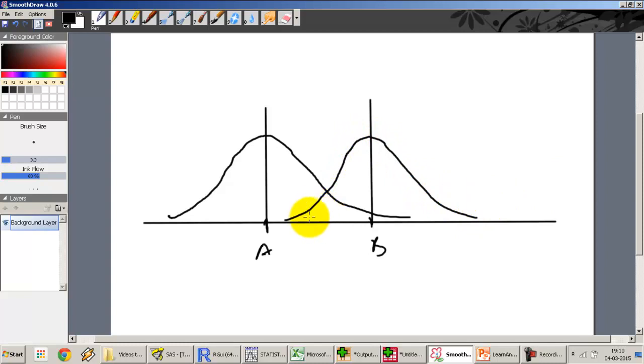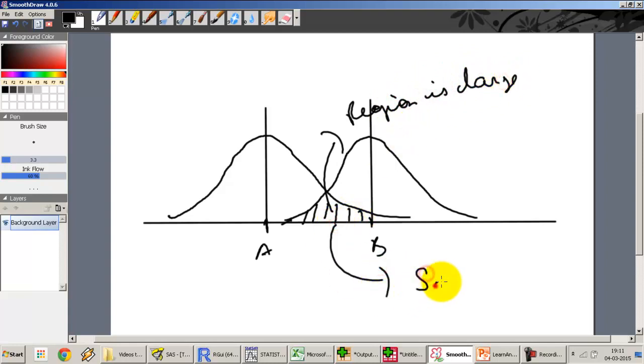As we can see, there is an overlap between the two hypothesized distributions of sample A and sample B. Now, if this shaded region is large, what does it imply? If this shaded region is small, what does this imply?